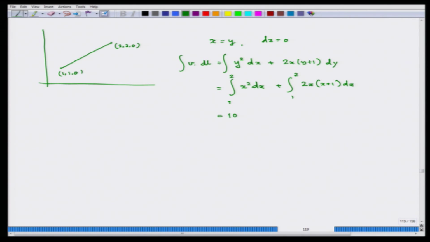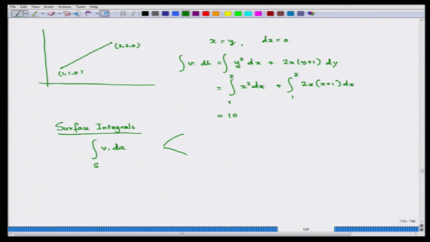Now, we are going to talk about surface integrals and volume integrals. For surface integrals, you have a surface over which you want to do the same sort of integration.